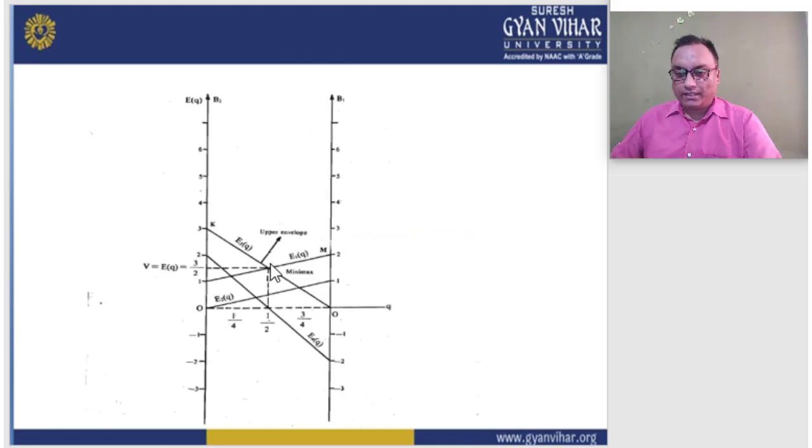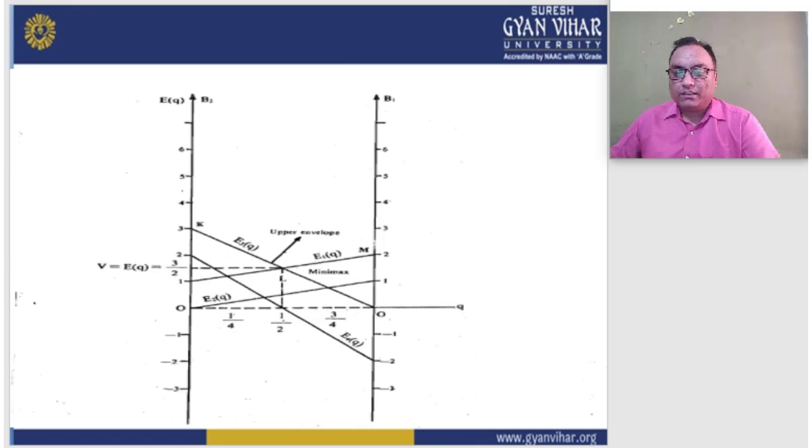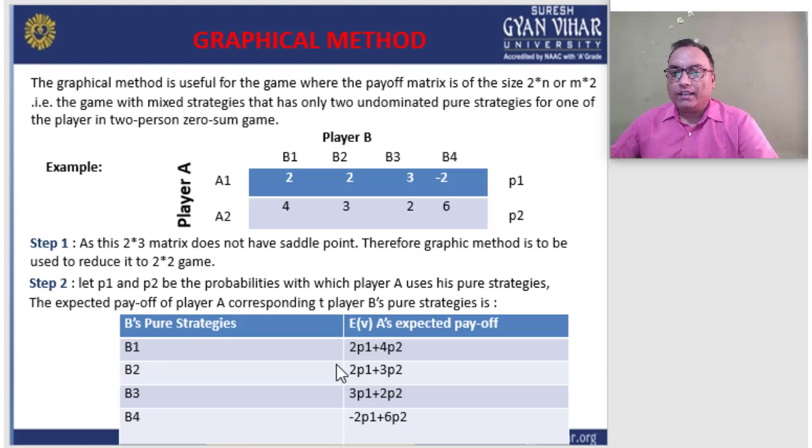This is the method to solve the different kinds of strategies. This is the expected payoff, the 3/2 point is here, with different types of lines. Then we move to different types of problems.